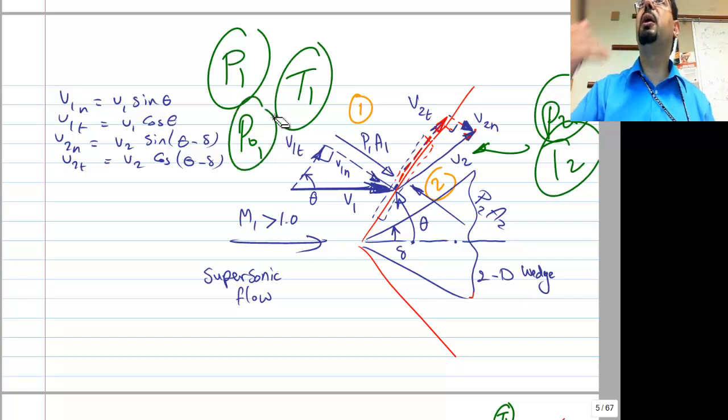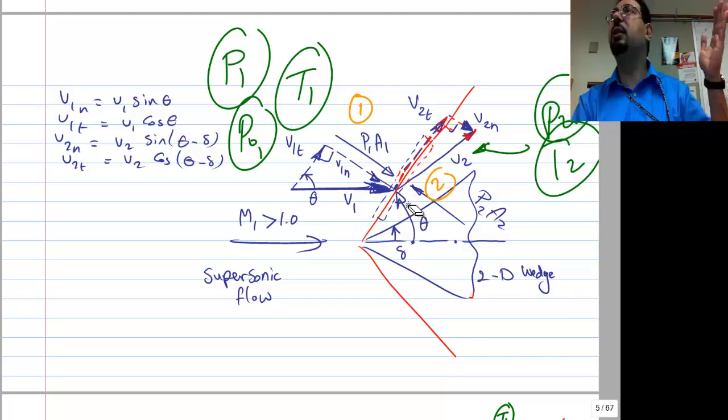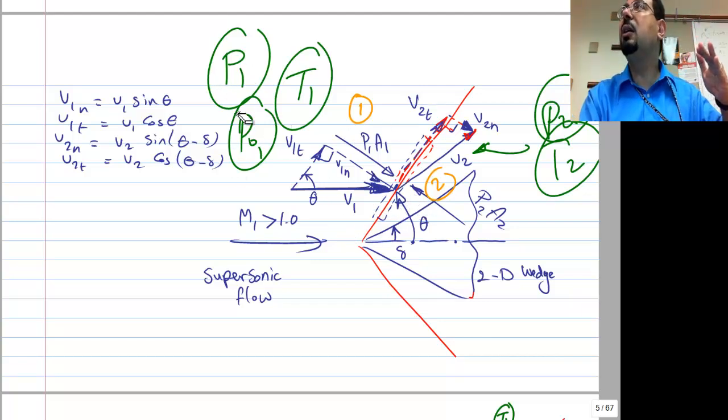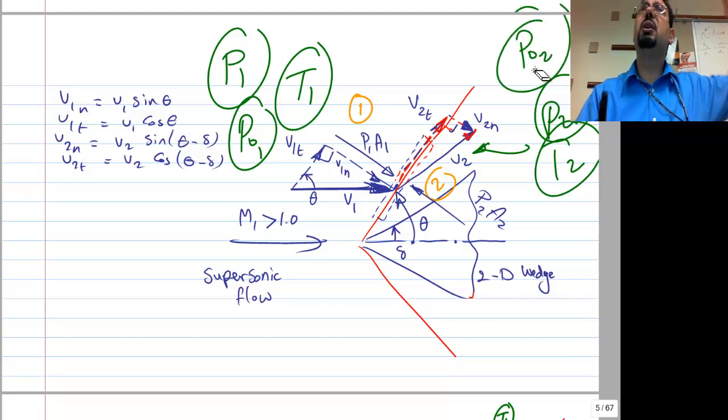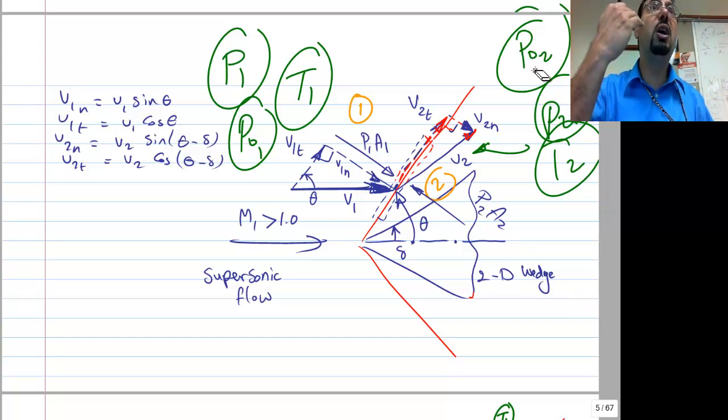They are related to each other by M1. P naught 1 over P1 is 1 plus gamma minus 1 over 2 M squared. They don't care about the shock at 40 degrees or 30 degrees. They are still static and stagnation of that supersonic flow. So they are related by M1, not by M1 normal. And after the shock, P2 and P naught 2 also don't care where the shock is sitting with respect to them. They are related to each other by M2, not M2 normal.